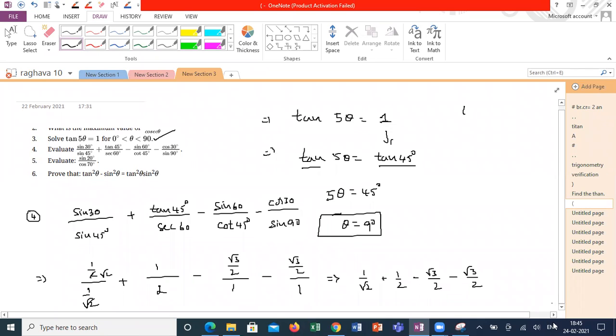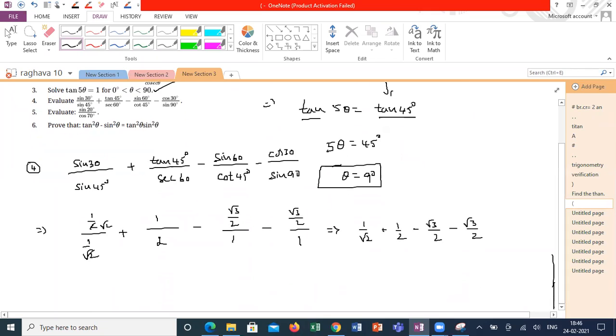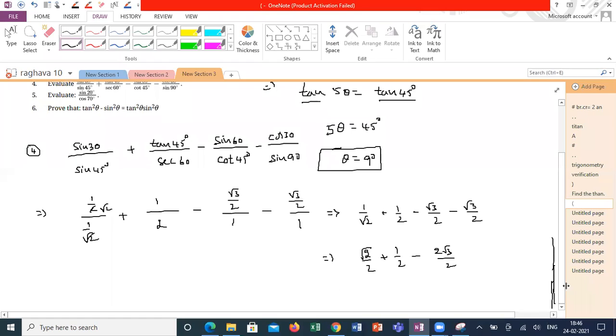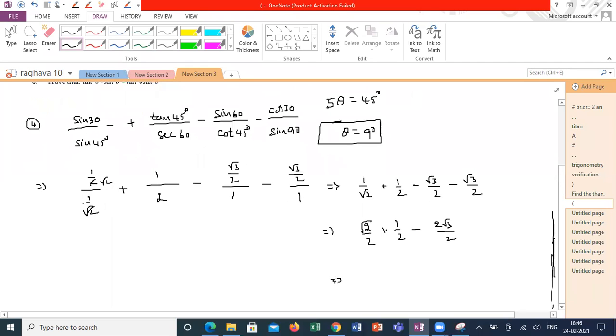What is the final answer? I can keep it like this: root 2 plus 1 minus 2 root 3 by 2, or root 2 plus 1 by 2 minus root 3. Anything is fine.